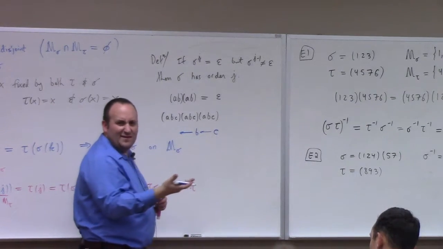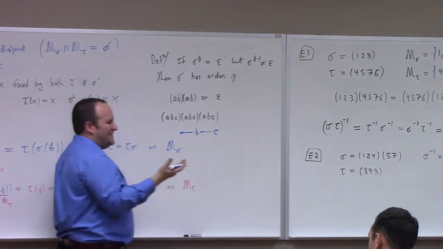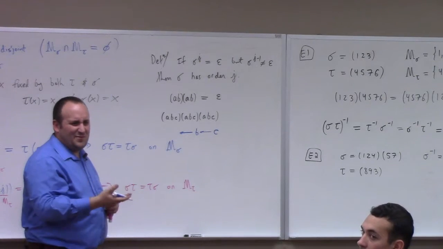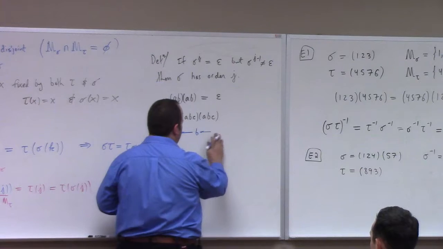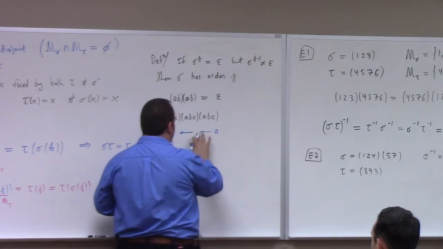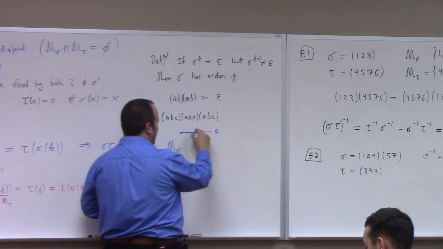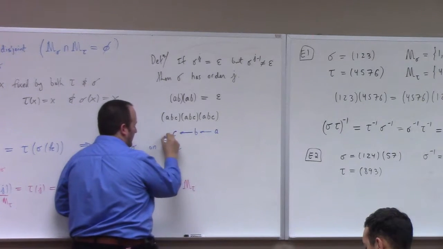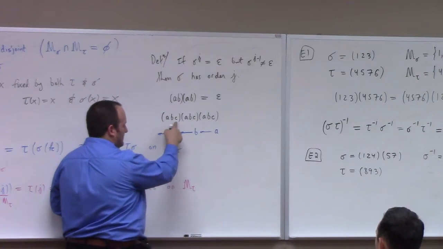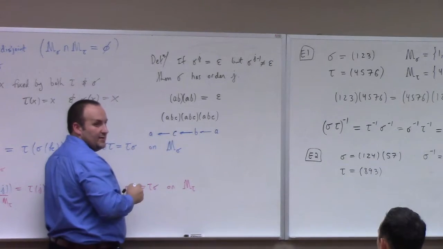What's wrong with me? Let me redo this. Let me start with A. A goes to B. Then B gets sent to C, and then C gets sent to A.